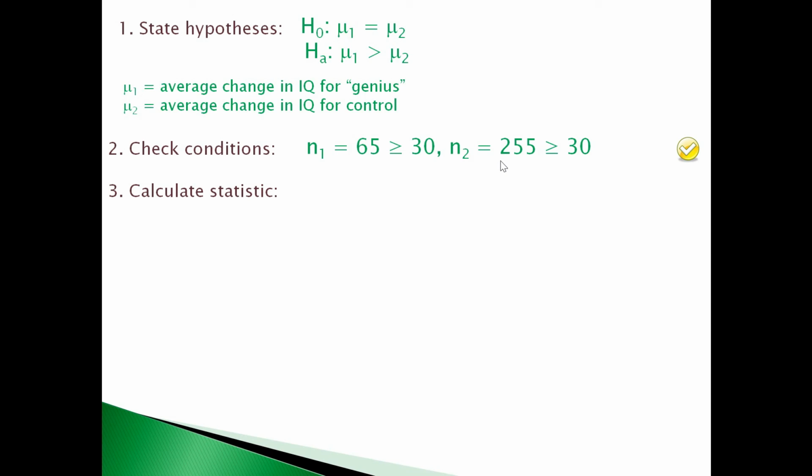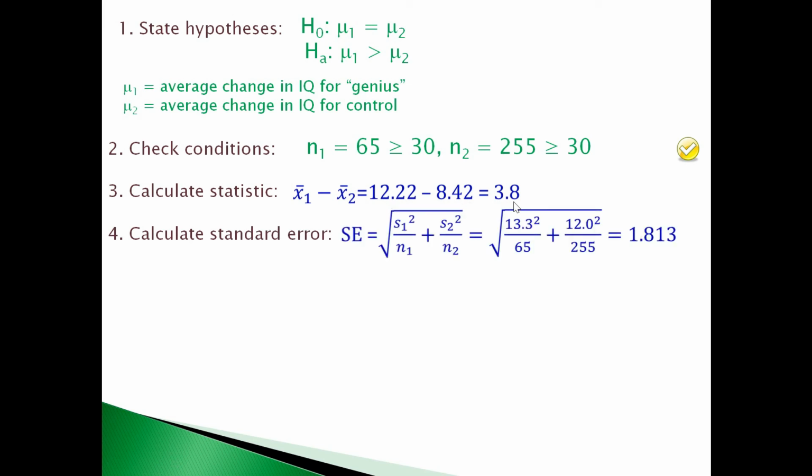Then I would calculate the statistic, and calculating the statistic means finding the difference in means. So the difference in means is 3.8. For the standard error, you will apply the new formula. So you'll have 13.3 squared divided by 65 plus 12 squared divided by 255, and the standard error equals 1.813.